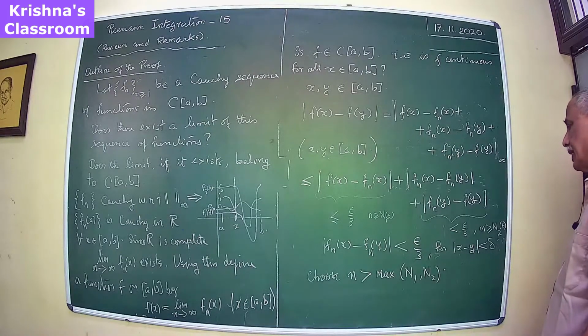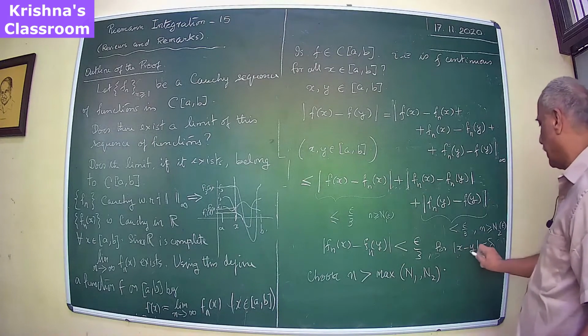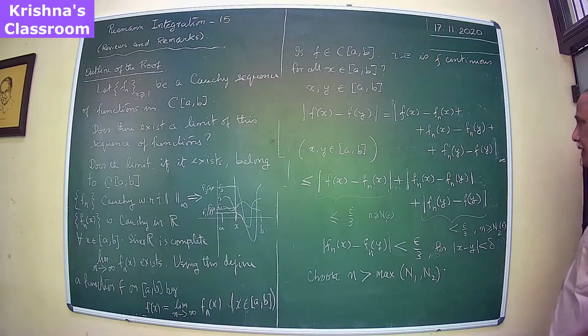So choose n greater than or equal to the maximum of n1 and n2, and then choose x and y such that mod x minus y is less than delta.